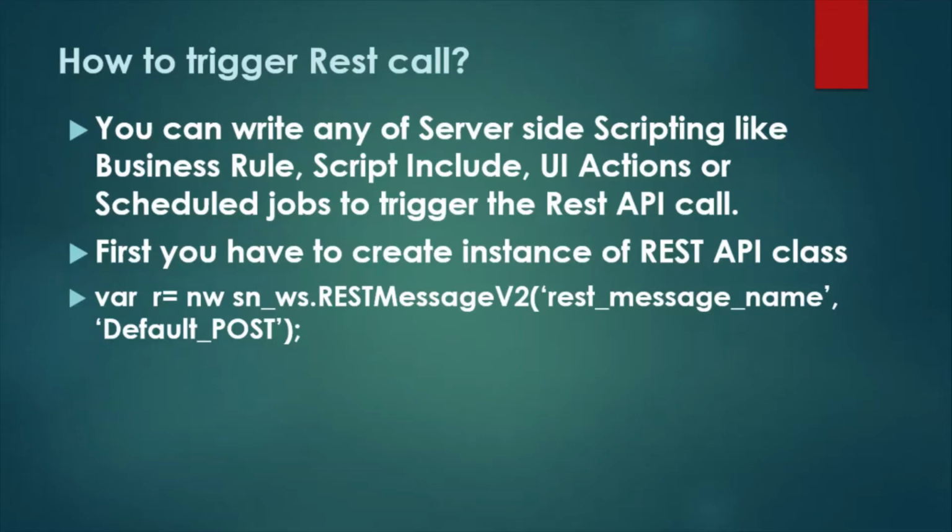The syntax you can follow is var object equals new sn_ws.RESTMessageV2, and you can provide the REST message name which you have created, and you can provide the HTTP method. If you want to only fetch the data, you can provide GET, and if you have to create data, you can provide POST according to your requirement. Whatever HTTP method you have created, you can provide that. In this way you can trigger the REST API call.